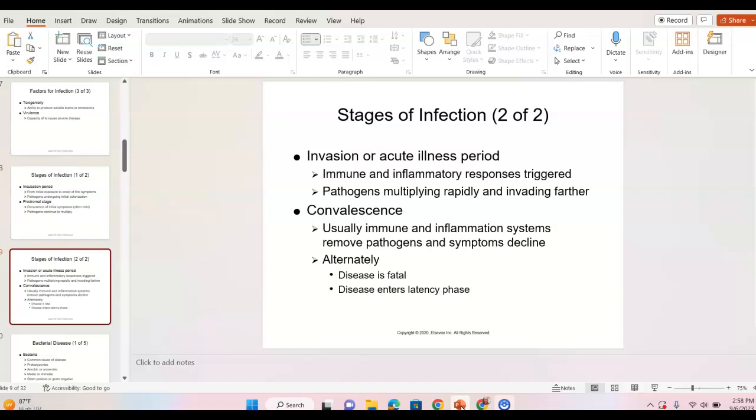Convalescence is when you remove those pathogens, your immune system has killed it off, and those symptoms decline. The alternate one is the patient dies, or there can be a latency phase. Just like chickenpox. Chickenpox can go into the nerves of the body and stay in there latent and show up later in life as shingles.